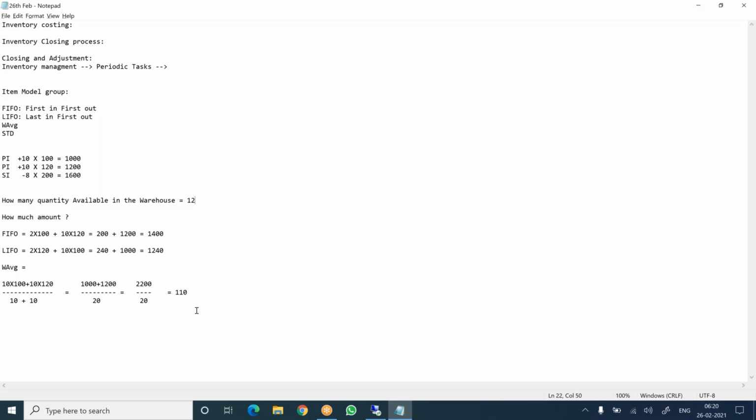It is 12 quantity. In the same manner, the weighted average amount is 12 multiplied by 110, which is 1320.